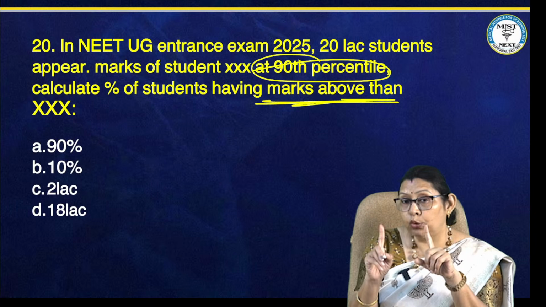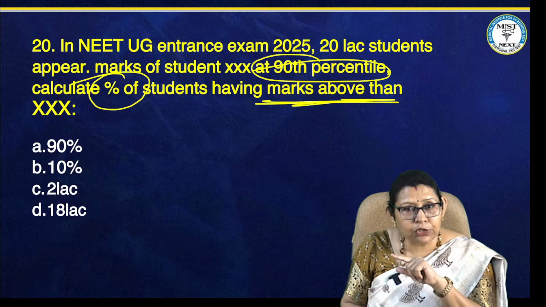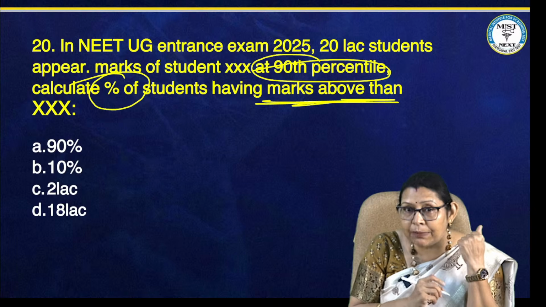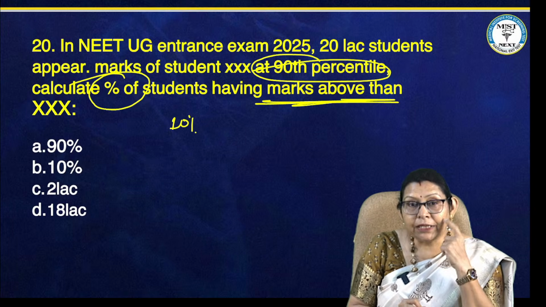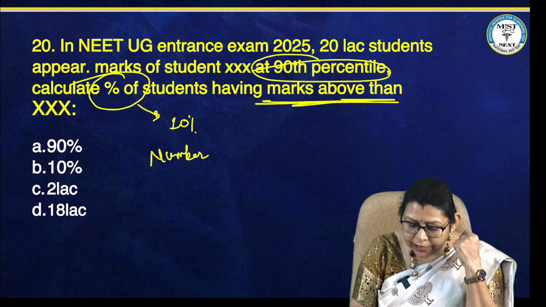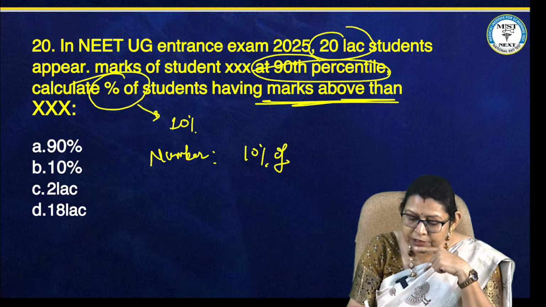Now here there are two things. See in the question whether they are asking the percentage of the students or they are asking the actual number of the students. If they are asking percentage, then your answer will be the 10%. But if they are asking the number of the students, okay? So number of the students means 10% of how much is the total?